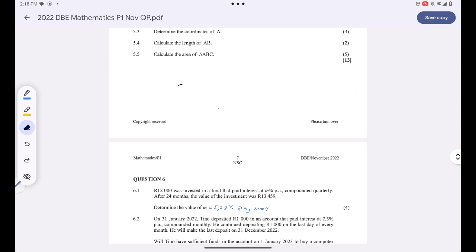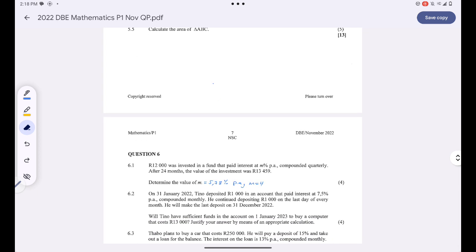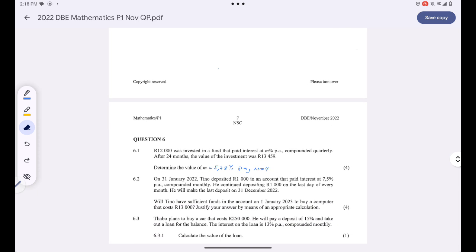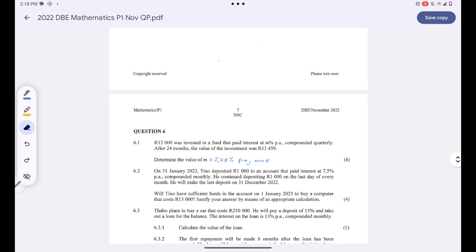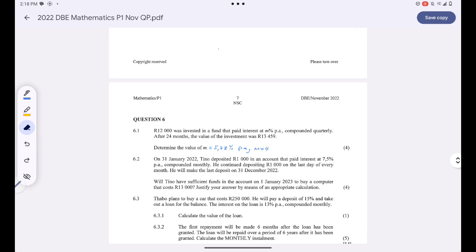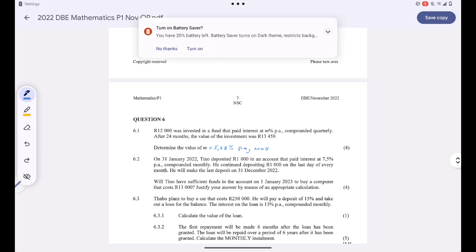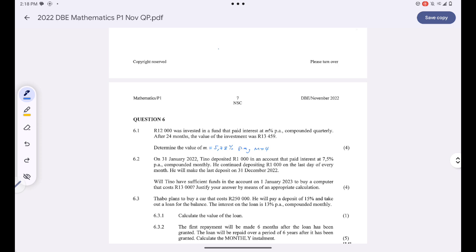He will make his last deposit on the 31st of December 2022. Will Tino have sufficient funds in the account on the 1st of January 2023 to buy a computer that costs 13,000 rands? Justify your answer by means of any appropriate calculations.